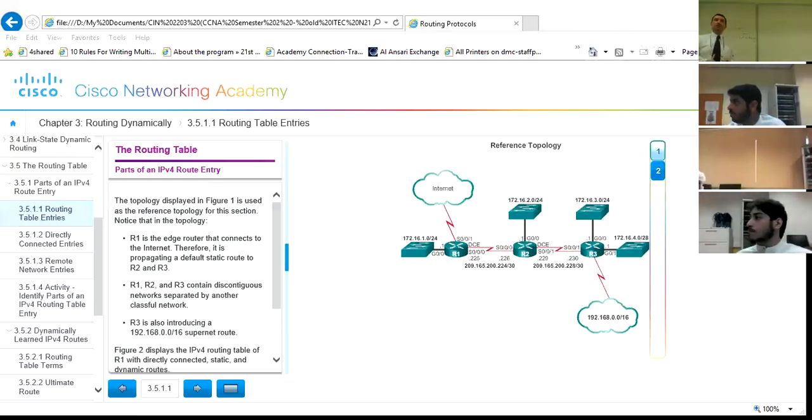RIP version 2 is classless. But remember the no auto-summary. For EIGRP and RIP version 2, we need to tell them not to summarize by default.